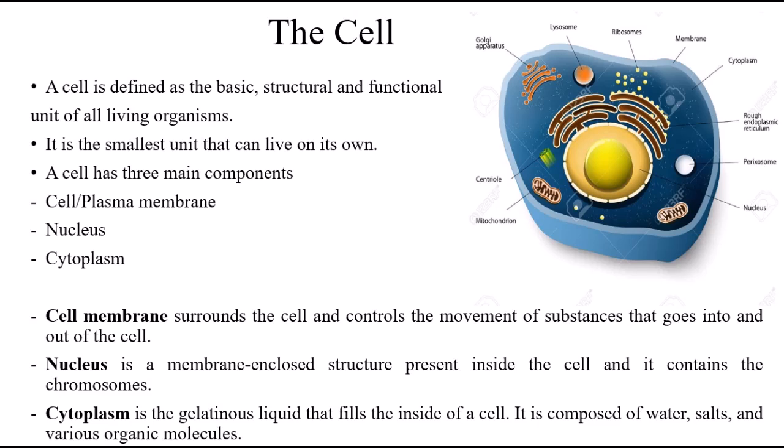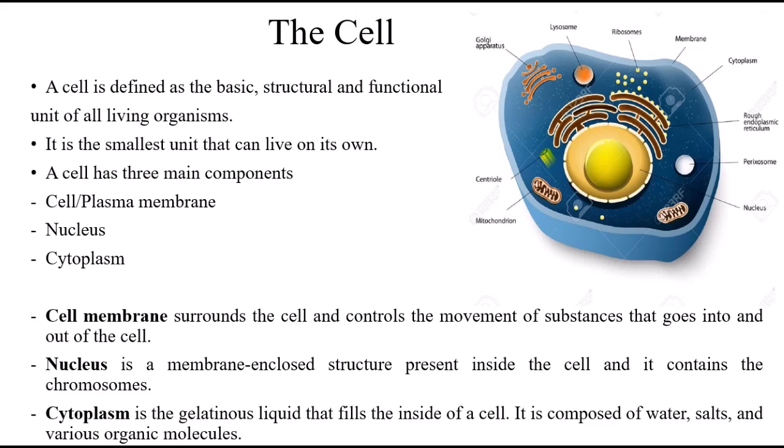A cell has three main components. First is cell or plasma membrane. Second is nucleus. And third is cytoplasm. Cell membrane surrounds the cell and controls the movement of substances that go into and out of the cell.